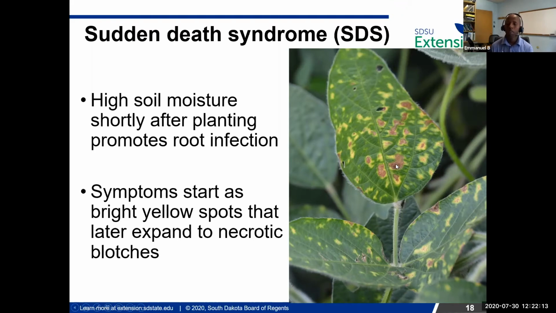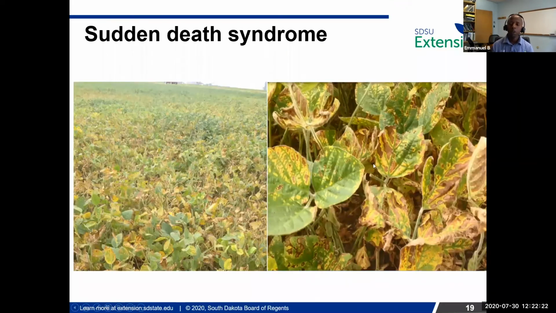And so you have these tan brown lesions on a soybean leaf that has SDS. As time goes on, you may have the entire tissue between leaf veins dying, but leaving the veins green.